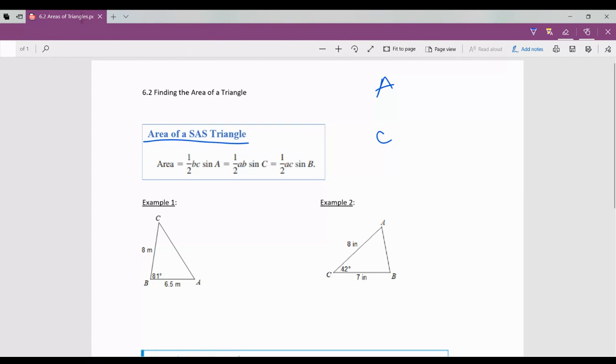Making sure our calculators are in degree mode once again.